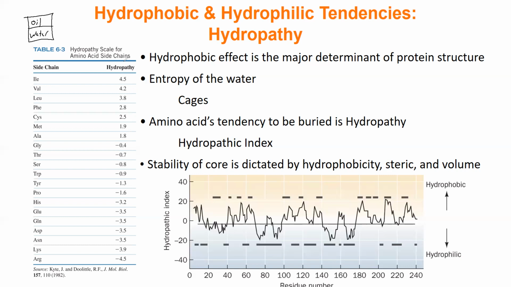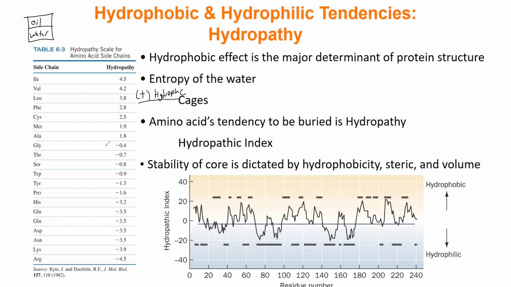So this hydropathy scale is, the more positive you are, the more hydrophobic you are. And if you actually look at this on the internet, you'll find different scales have different numbers for things. But just keep in mind, the more positive number you are, the more likely you are to be buried.